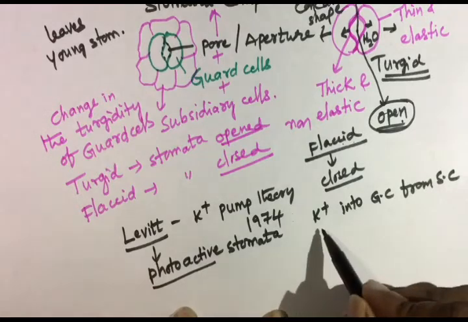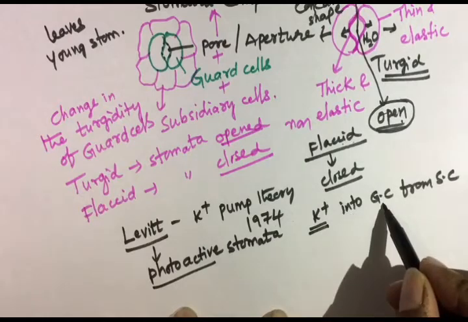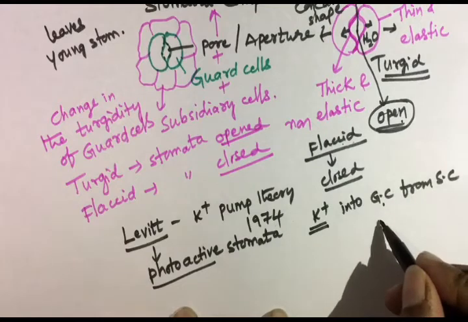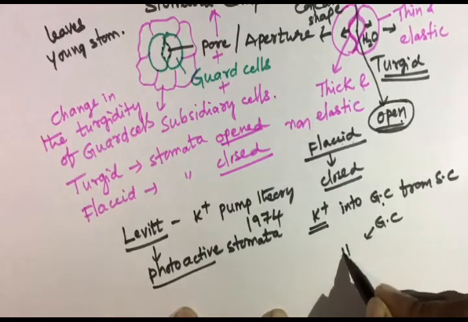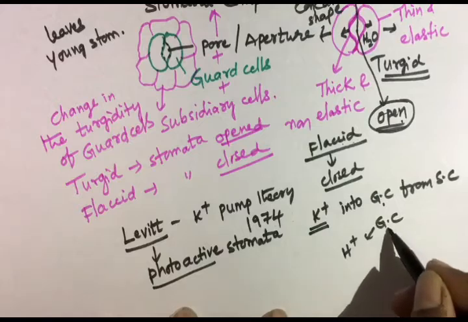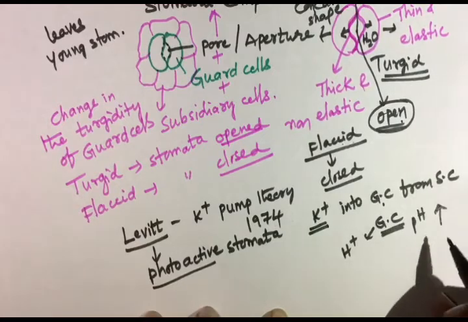At the same time, protons, meaning H+ ions, are removed from the guard cells, so that within the guard cells the pH is increased.